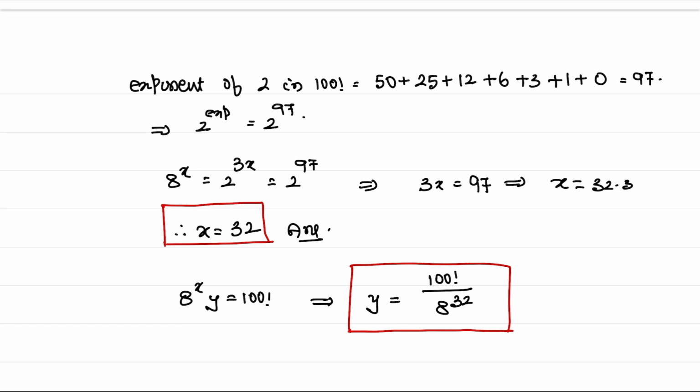That means y is equal to factorial 100 divided by 8 to the power of 32. This is the x answer, this is the y answer. So x is found out as the maximum, and the value of y will be odd, because if it is an even number, then again the x value will increase. Hence y is always odd. That also please remember.